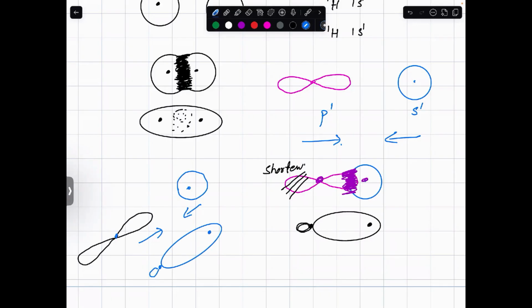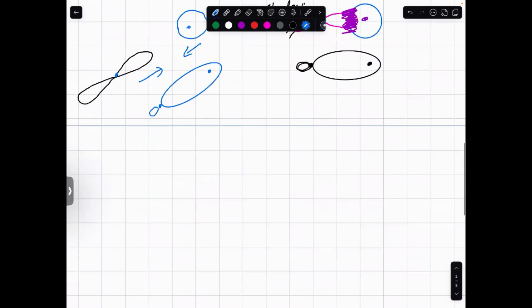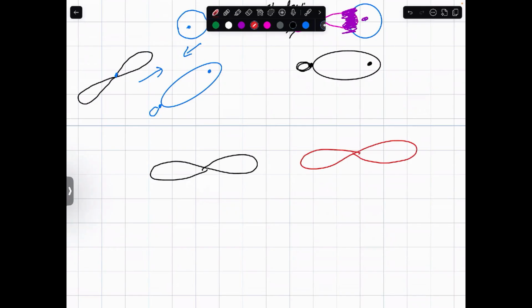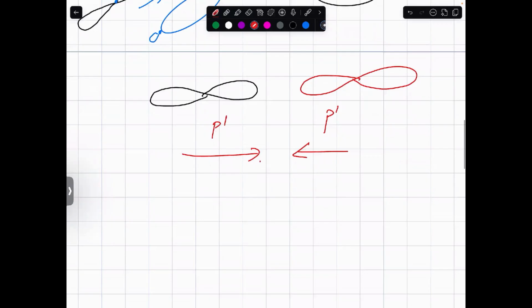But if there are two p orbitals, this is p1 and this is also p1, half-filled orbitals, and they are coming closer to make a bond, what will happen?